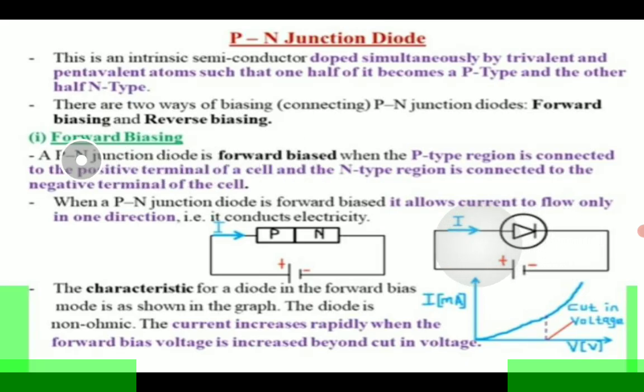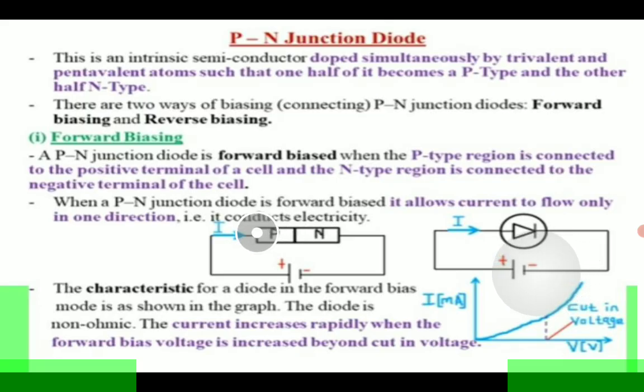So the positive terminal of it goes to the positive terminal of the battery or cell. For example, shown in this diagram, this is a PN junction diode. It has two ends. One end is positive, the other end is negative.